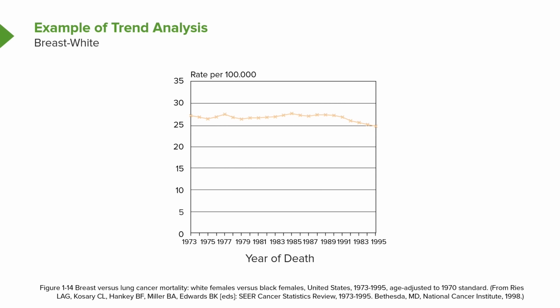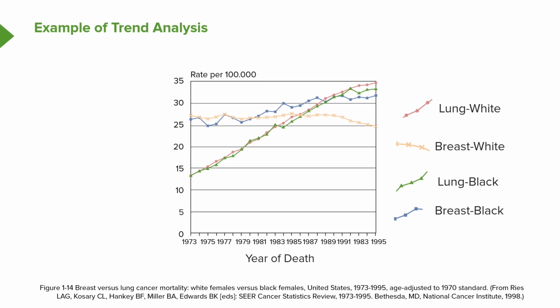If you look at breast cancer, white women, the rates have come down slightly from 1973 to 1995. With black women, they've gone up. That's interesting. Here's all the data in one slide. We see that there are no differences between white and black women except with respect to breast cancer. That's very interesting, and there could be a host of reasons for this observation, including something we call detection bias.